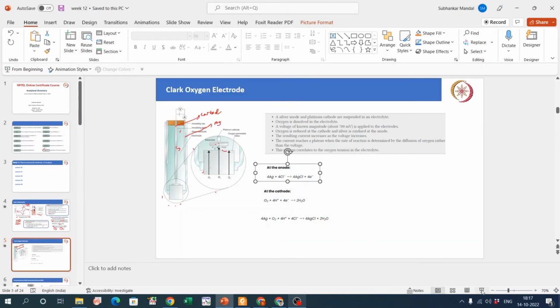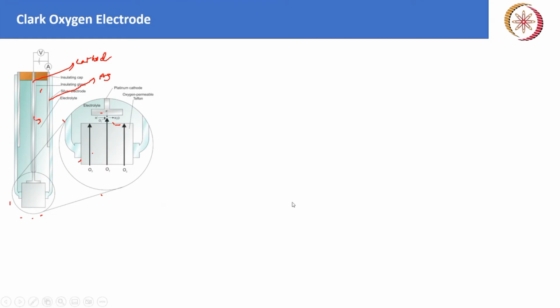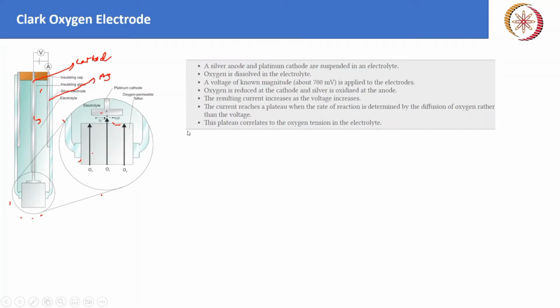So how can you measure this dissolved oxygen? Here the silver is the anode, which I have already mentioned, and the platinum is the cathode. Oxygen is dissolved in the electrolyte.